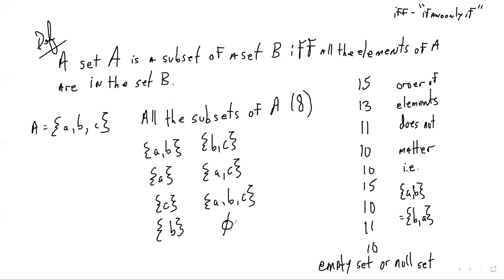So by default, there are no elements. To contradict this definition, the empty set is a subset of every set in the known universe. And that gives you your eighth. Now, when we come back on Tuesday, we're going to do this systematically to develop a formula.